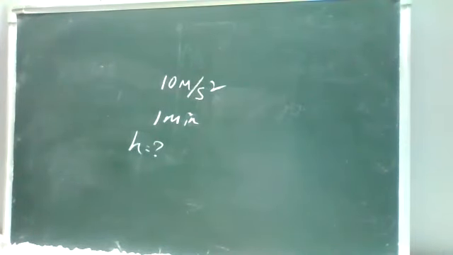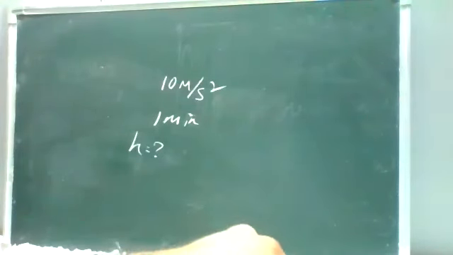They gave the acceleration and the time period of 1 minute, and we need to find the maximum height. Try in your own way; if not, I'll help you. I'll tell you only the relations, you solve.